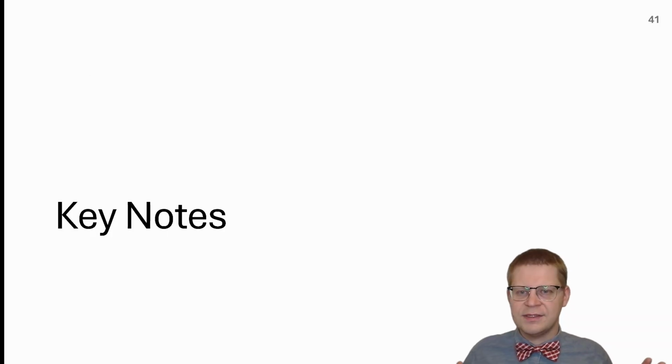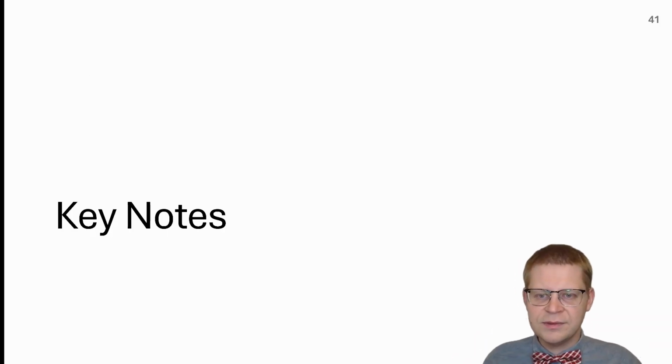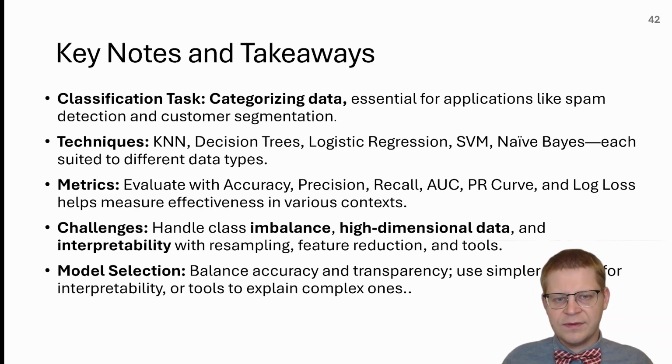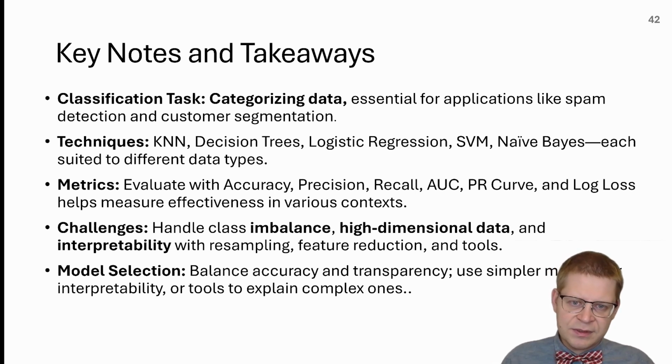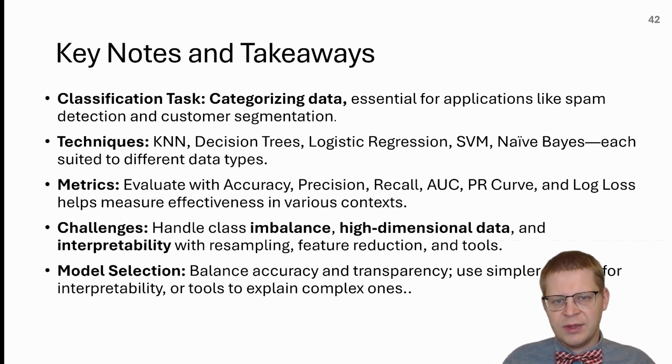Okay, it's time for the final notes. So the task of classification is about sorting data into categories. It's a key part of machine learning used to make decisions, whether predicting if an email is spam or identifying different customer types. This is classification. We covered some classifiers like Nearest Neighbours, decision trees, logistic regression.